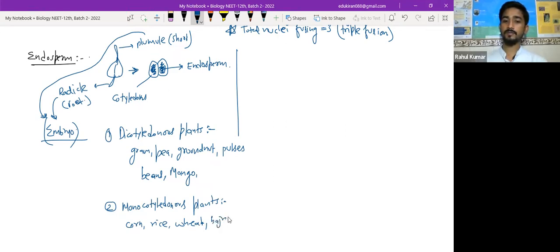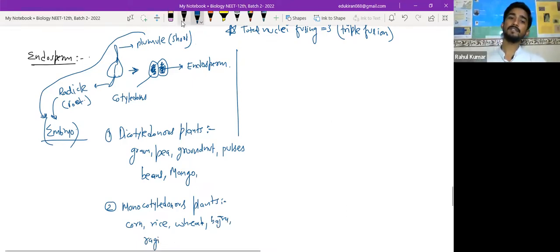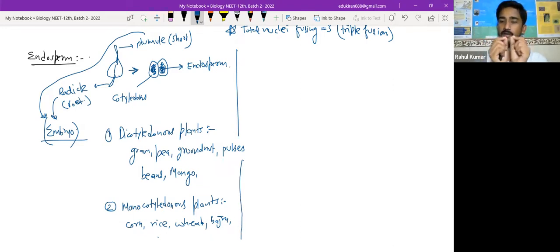Bajra, ragi. Mostly these are our cereals, right? We eat them. So our cereals are monocots. If you see a rice seed, you cannot split it into two, right? It cannot open. It can just break, but it will not open like cotyledons, correct? It has a single cotyledon. That whole seed is one cotyledon.